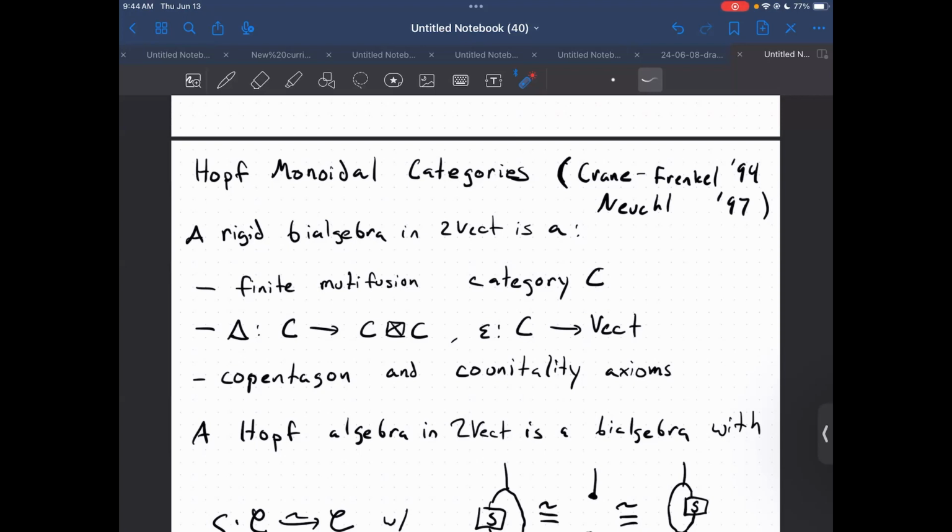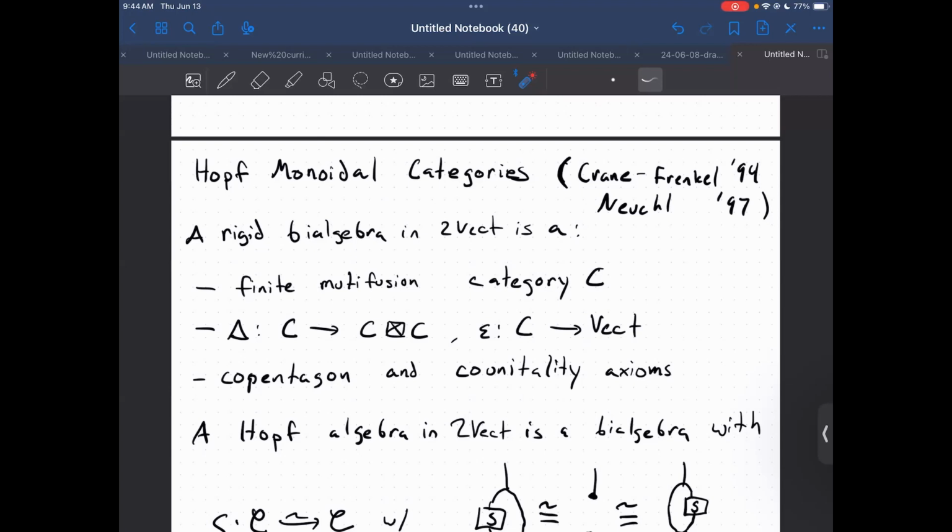The issue is that the co-associator, which I haven't written, is required to be a monoidal natural isomorphism, and likewise the co-unitors should also be monoidal, and then it satisfies a pentagon and a triangle axiom, just like for monoidal categories, just with the direction reversed.